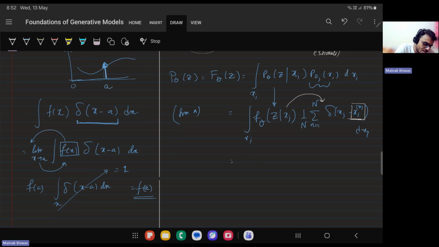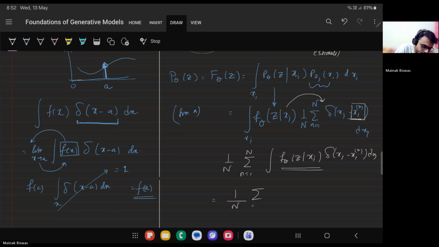We can write the summation outside, 1 by n, f theta of z given xj into delta of xj minus xj of n dxj, which is equal to 1 by n f theta of z given xj, nth sample, right? This is just putting the value of the function at the nth sample.